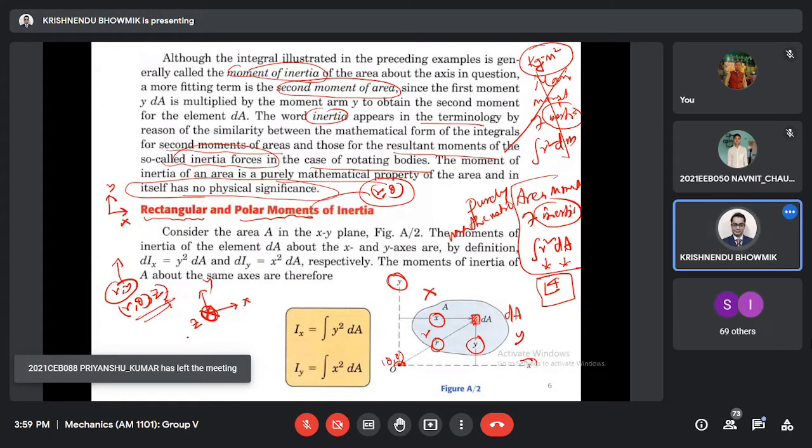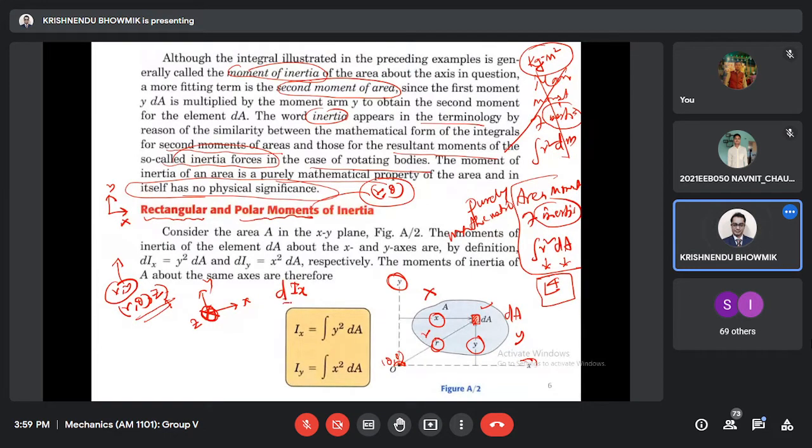by definition, we can consider that for these elements, there are elemental rectangular moments of inertia, Ix, we will write dIx. If you want to calculate your moment of inertia with respect to x, then what is the distance you have? y. This is the distance y. Then we will use y square dA.